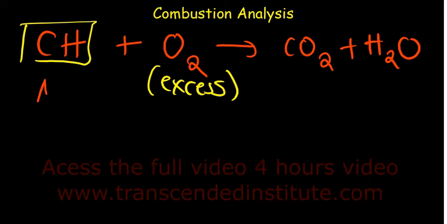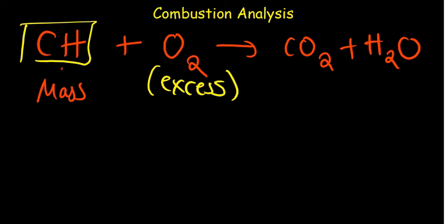So the mass of that compound should be known. After burning the compound in oxygen, you have the mass of carbon dioxide and water. So you should be able to find the exact number of carbon and hydrogen contained in the compound. That is what combustion analysis is concerned about.